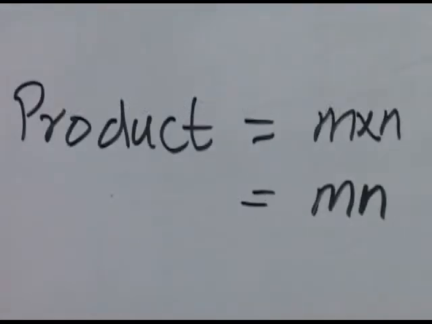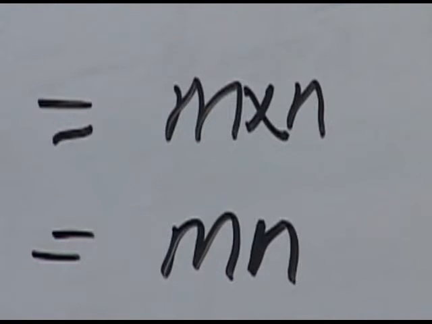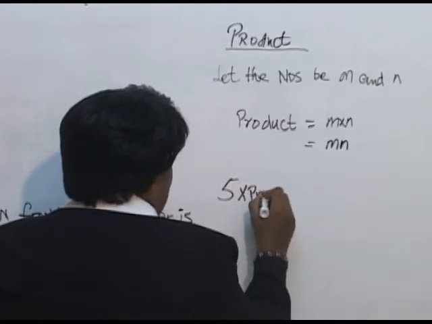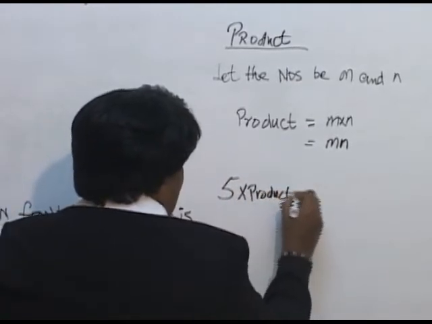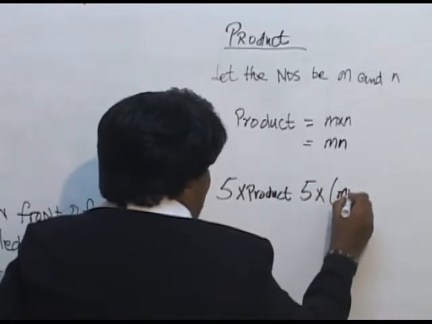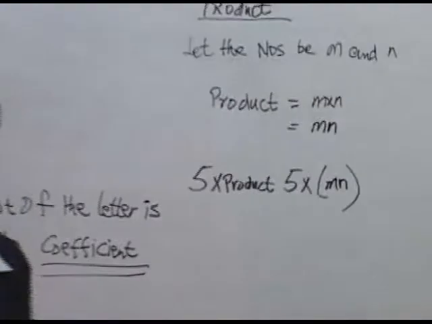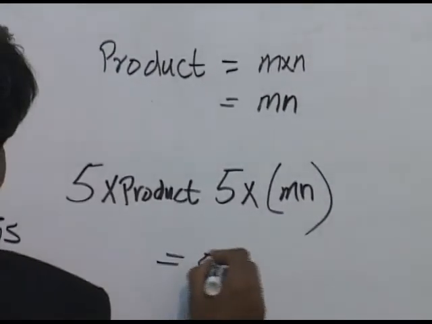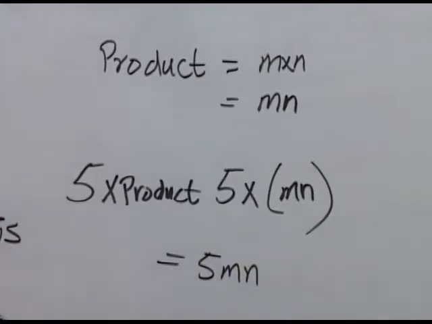All right? And then it says we need 5 times this product. Now, we would be writing 5 times, and the product here is MN. So that is what it means, okay? So we want to find 5MN, and that is our answer, okay?